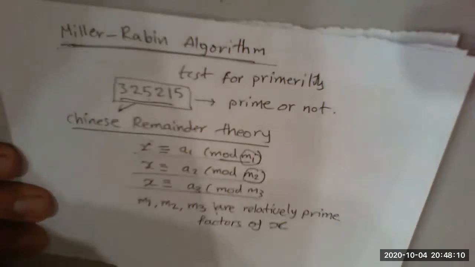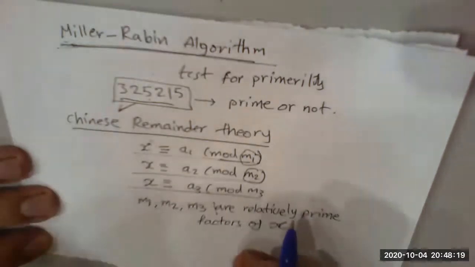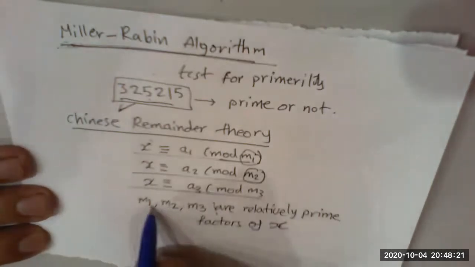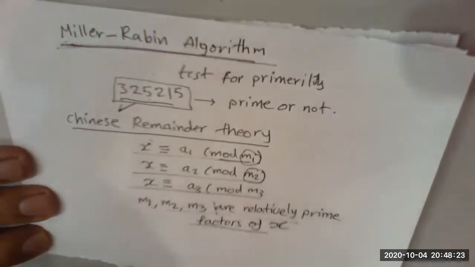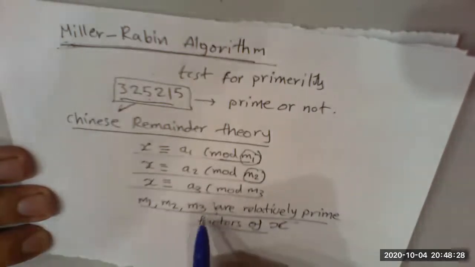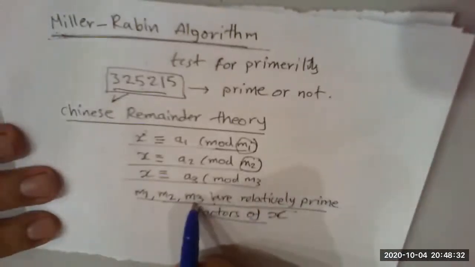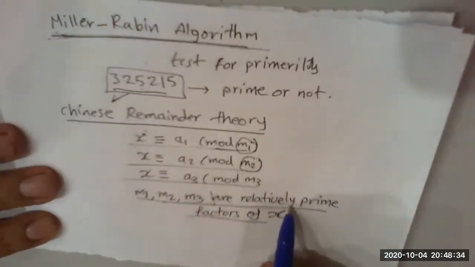Okay, let's have an example. Taking an example is better than the definition. M1, M2, and M3 should be relatively prime.